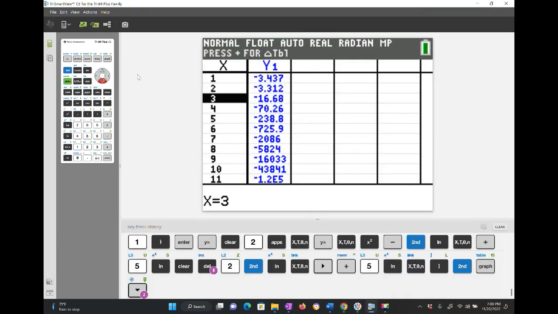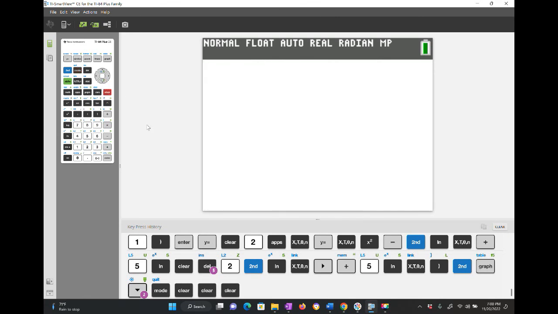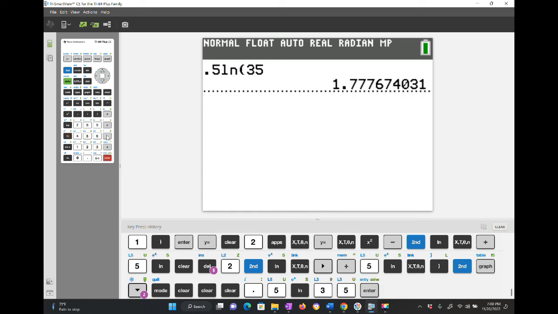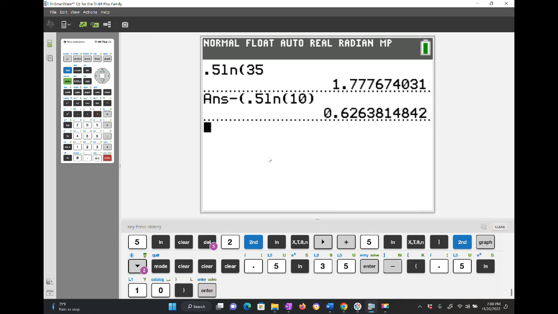All right, so we're going to do 1/2, so 0.5 natural log 35 minus, I'm going to put parentheses, and again 1/2, so 0.5 natural log of 10, parentheses again, equals 0.626, just like I said. So it's not too terrible a question, I hope.